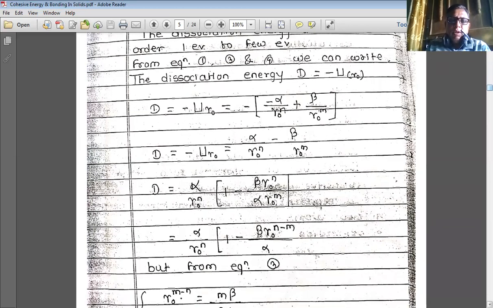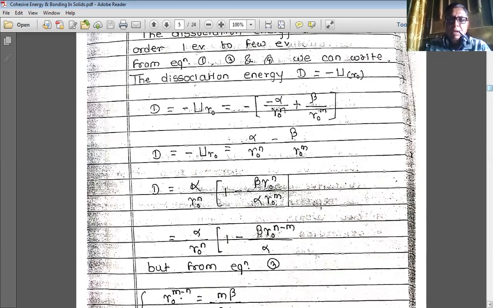So D is equal to α divided by r₀ to the n, in a bracket 1 minus β divided by α times r₀ to the n minus m.